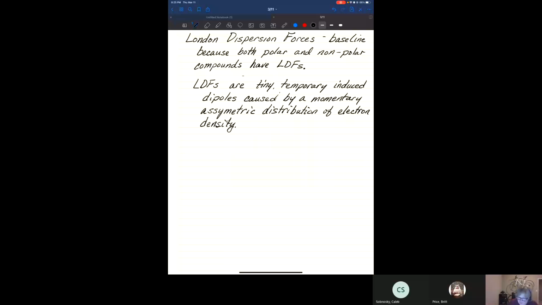Let me try to draw a nice even distribution of electron density. Okay, that's not horrible.